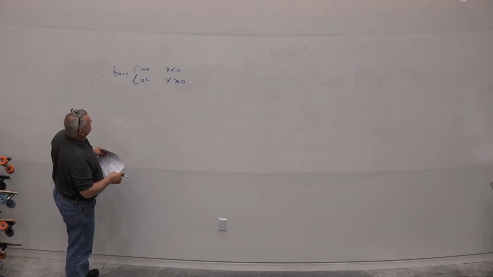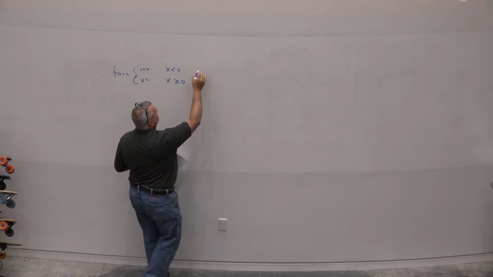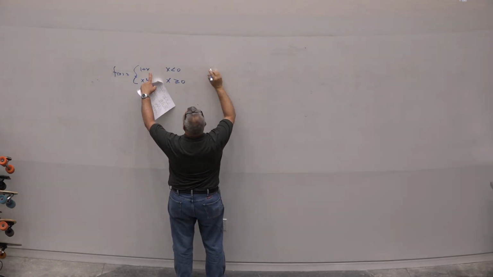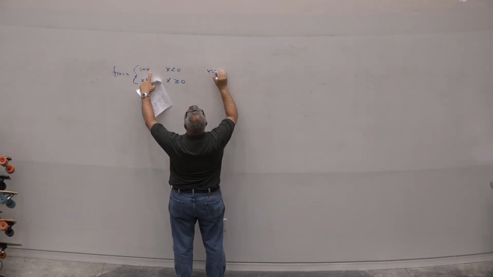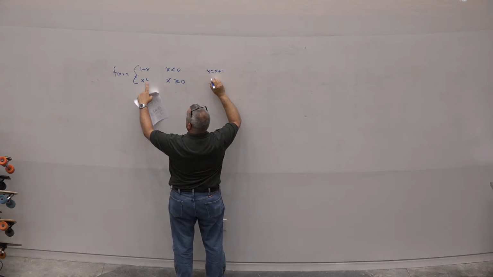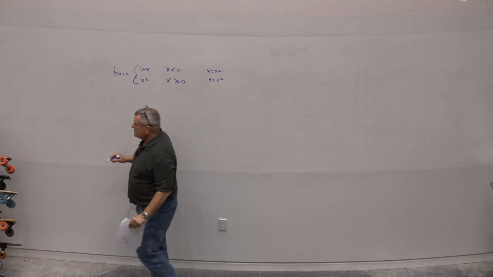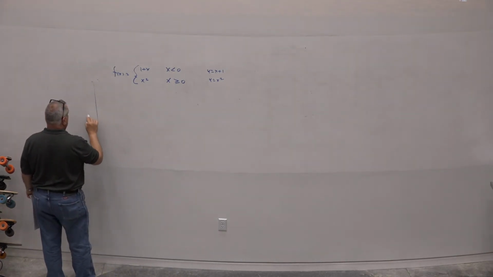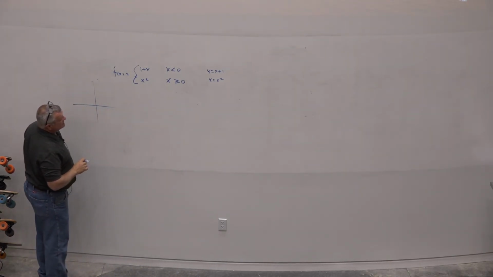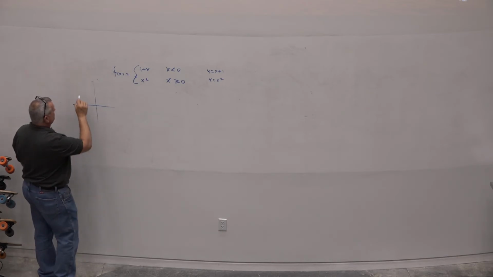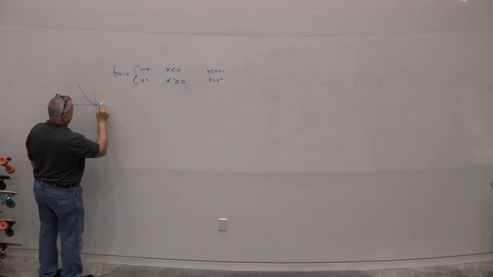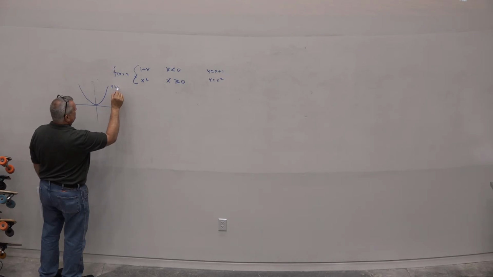So when I look at this, I see this piece here. This looks to me like y equals x plus 1. This piece looks like y equals x squared. So I'm going to sketch it. Let's see, x squared. I know what that looks like. It looks like this. This is y equals x squared.